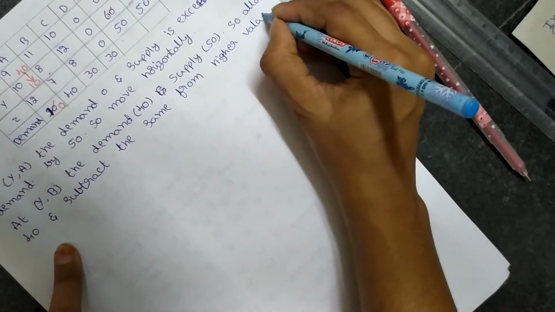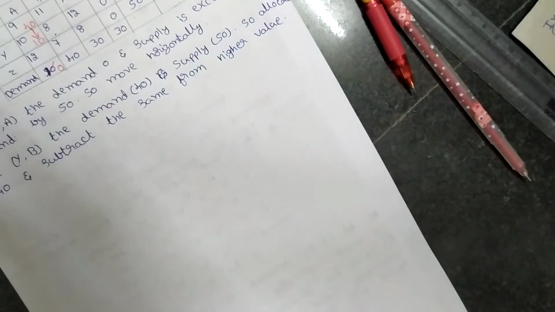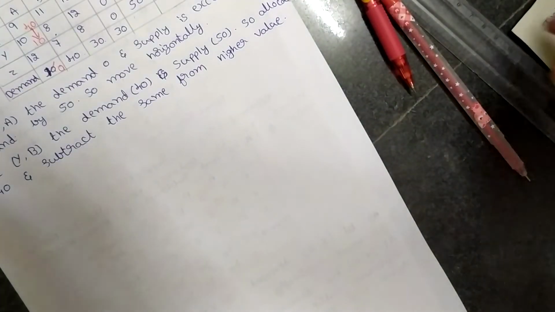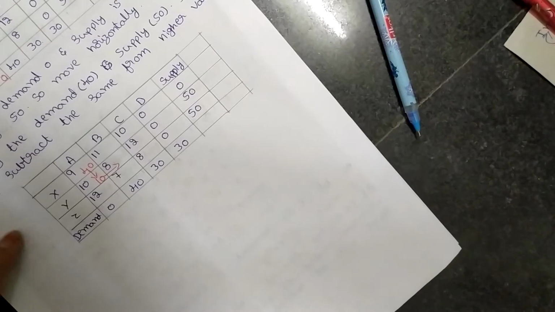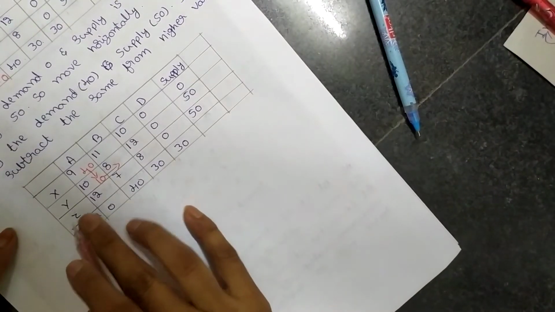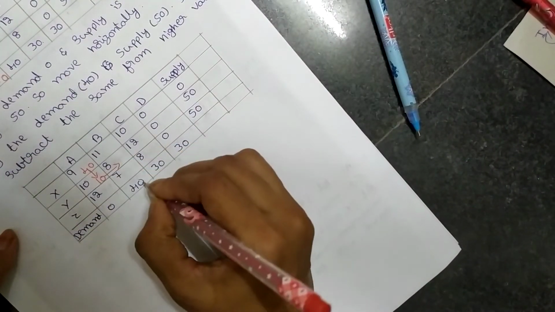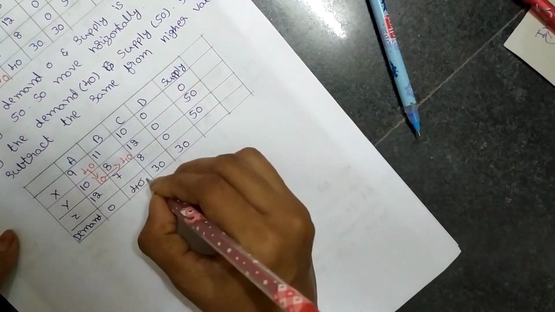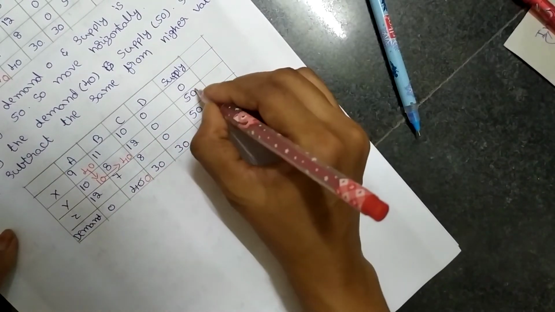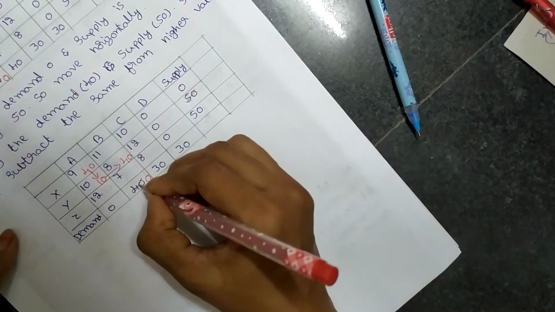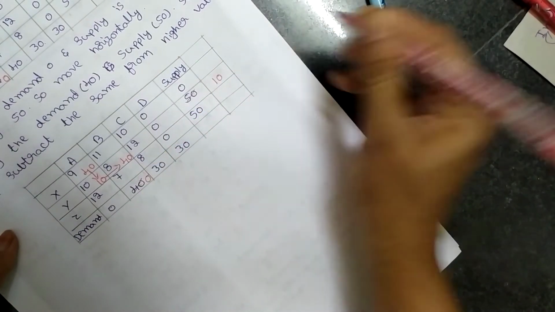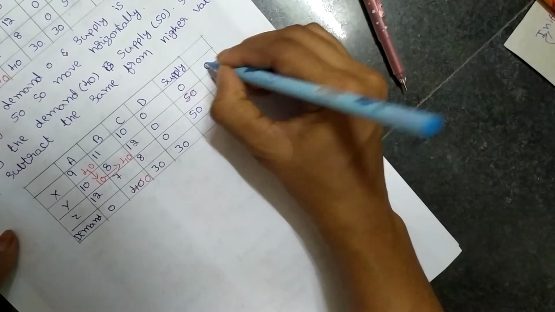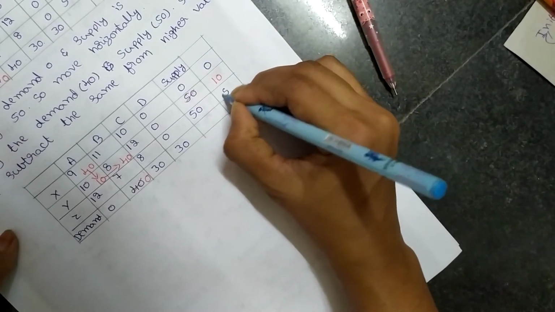Okay. Now we'll form another transportation matrix here. Now this is a new transportation. Under this one, 40 will be allocated here. So it will be cancelled and here we'll get 0, and from this 50 we will deduct this 40. Then we'll get 10 here. Then the new supply will become 0, 10, 50.